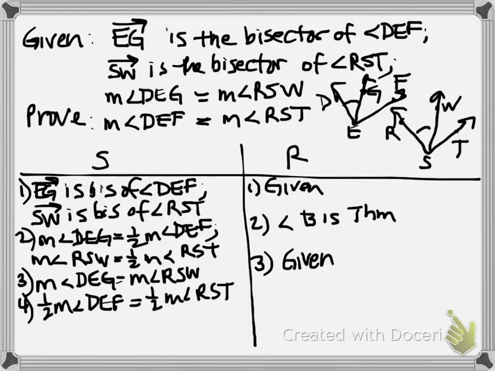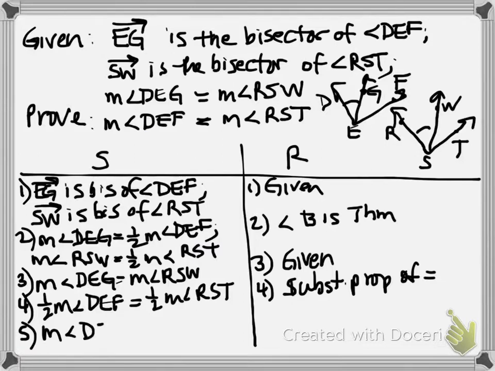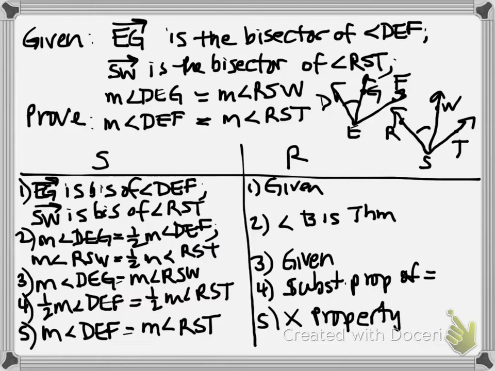So again, you could call this substitution, you could call it transitive property of equality. And then I don't want the halves there, so if I multiply both sides by 2, that gives me measure of angle DEF is equal to the measure of angle RST, which is exactly what we needed, and so that was multiplication property of equality. Okay, and that's that proof then.